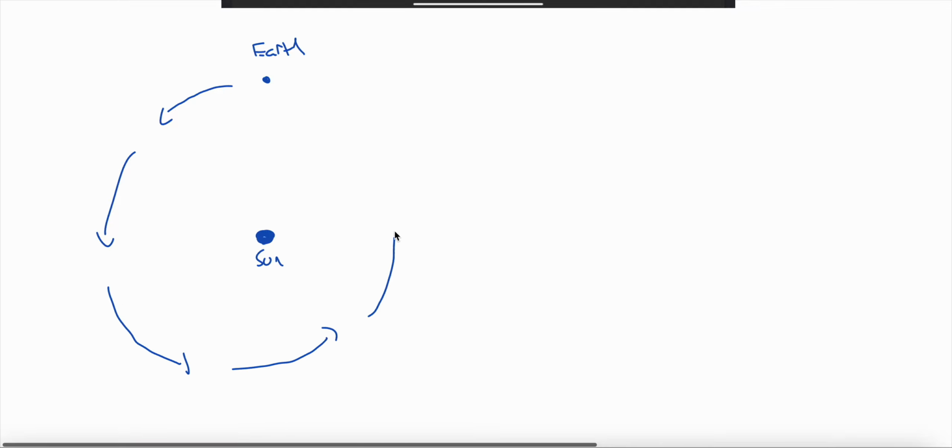Let's say this is the sun right here. And then right here, let's draw a little circle for the earth. Then we're going to draw these arrows to represent the revolution of the earth around the sun. Sorry for my drawing skills, they're not the best, as you can see.